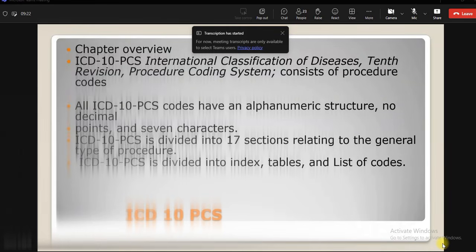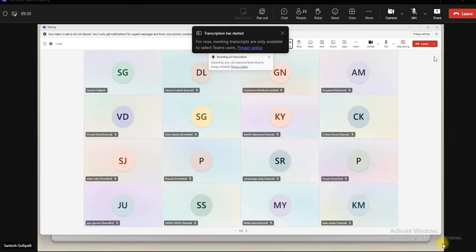Decimal point means, for example, in ICD-10 the asthma code, J45.909. After the 3 characters, J45, we give one decimal, that is a dot.